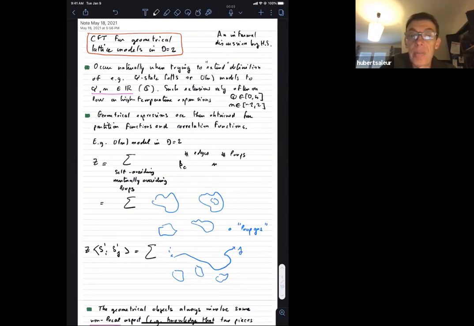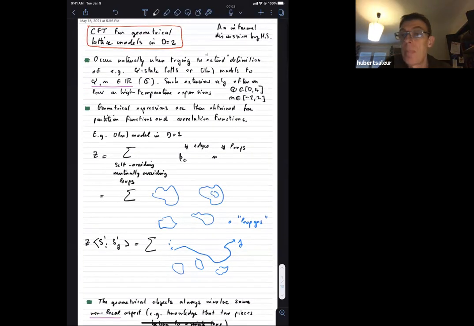It can be tackled in various ways, and the most natural way is to use geometrical definitions. By geometrical definitions, what we mean typically is that we perform some sort of high temperature expansion or low temperature expansion, depending on the point of view, for a model which is initially well defined, meaning it has N integer or Q integer.